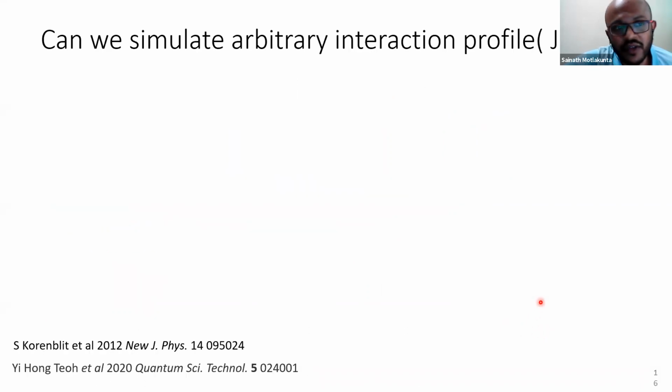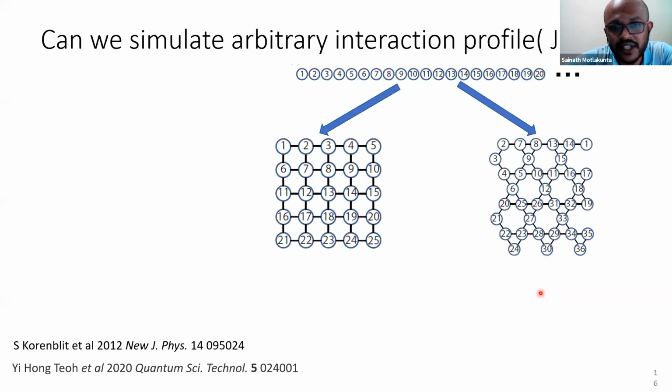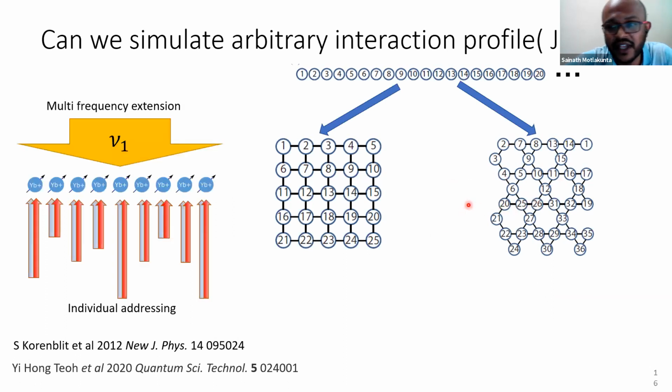So the question now is, can we simulate arbitrary interaction profiles? Such an ability would allow us to simulate systems such as spins on a square lattice or a Kagome lattice. This can be achieved by a multi-frequency extension of the scheme that I presented in the previous slide.